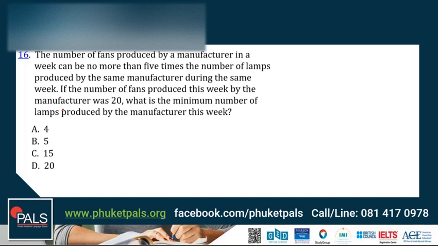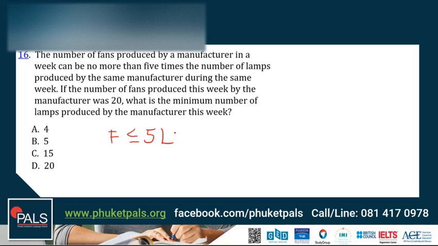So it says the number of fans produced by the manufacturer in a week can be no more than 5 times the number of lamps. So let F be the fans, and it says it's no more than 5 times the lamp. So L stands for the lamp.